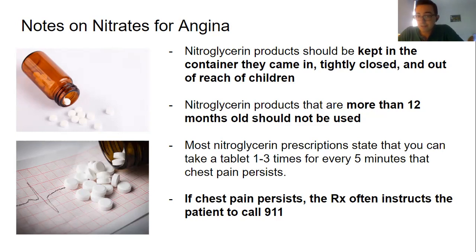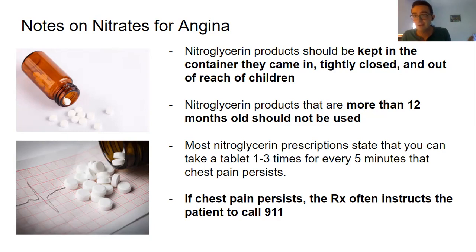Now, nitrate products, nitroglycerin products as well, they cannot be kept for more than 12 months. If they're over 12 months old, they should not be used because they may have lost some of their potency. And the other thing to keep in mind with a nitroglycerin prescription, something you might see on one that you don't normally see on other drugs, is that most nitroglycerin prescriptions state you can take a tablet 1 to 3 times for every 5 minutes that chest pain persists.